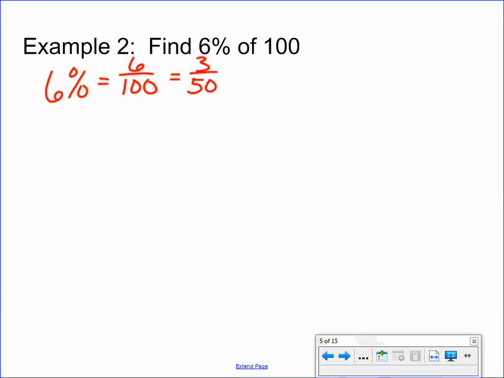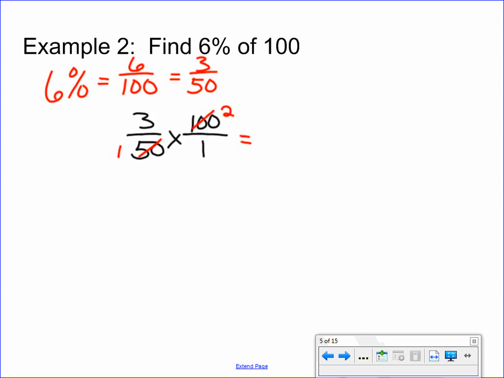So if I'm going to do this, I would have to say 3/50 times 100 over 1, because to make my 100 a whole number, it has to be over 1. Now I'm going to go ahead and simplify this before I start because I see something very easy to do here. I can divide 50 by 50 and 100 by 50. 50 divided by 50 is 1. 100 divided by 50 is 2.